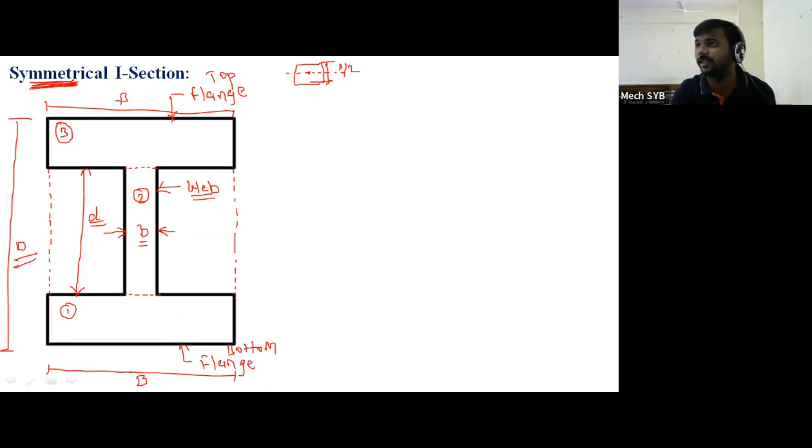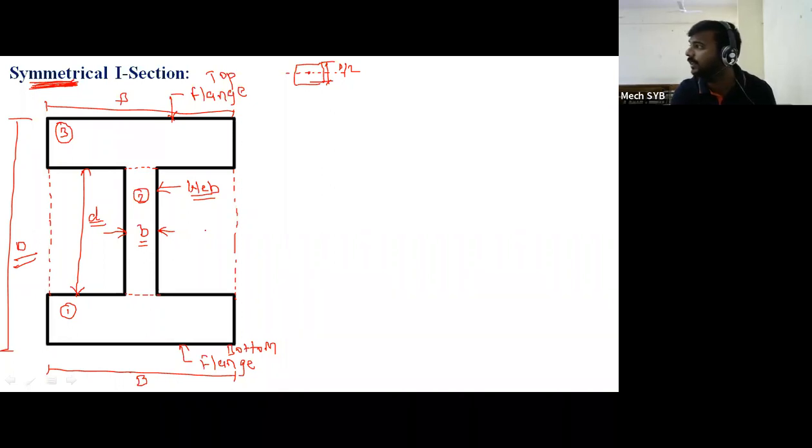If I have to draw the horizontal x-axis, whether that x-axis is at the center of the section or not, for that purpose we have to check whether that section is symmetrical or not. Whether it is symmetrical about the x-axis or not. Yes or no?